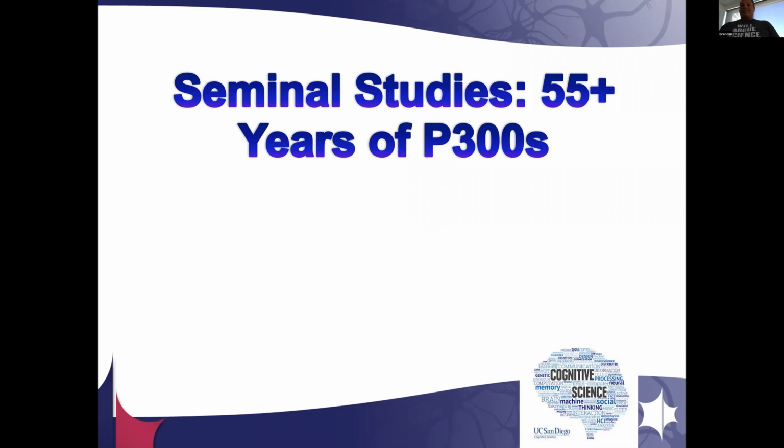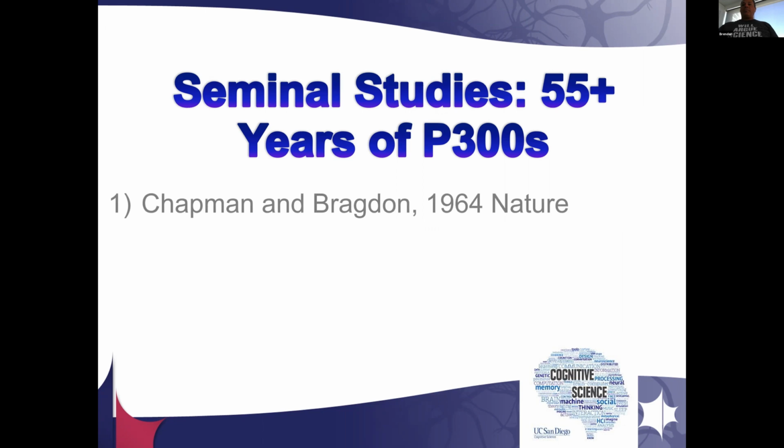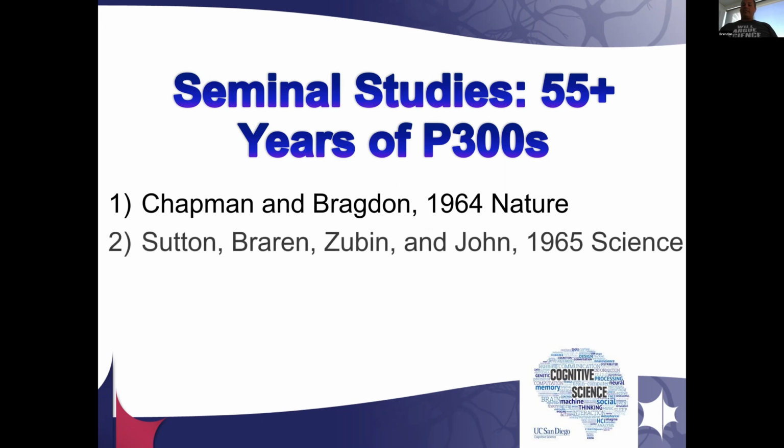So, seminal studies. P300 BCIs have been around since 1988, but P300s have been around longer than that. There are two studies that are credited with starting P300s, and here they are. They were published in 1964 and 1965, and these were pretty early studies in terms of the entire event-related potential literature.